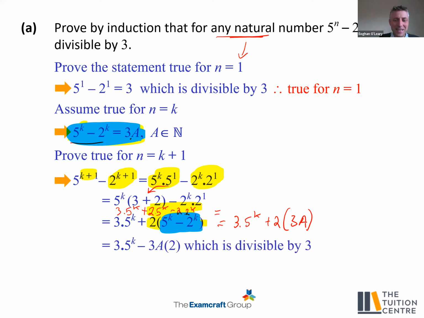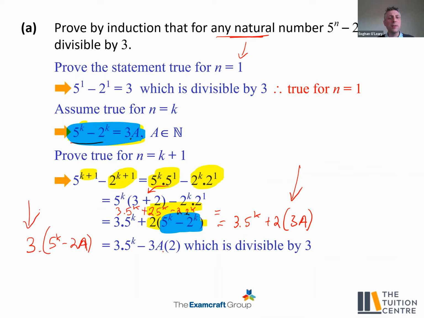Now, why is that going to be important? That's the same line here, just written slightly differently. I have 3 times 5 to the power of k minus 3a times the 2, the same line as there, except written the other way around. And of course, all of that is divisible by 3. In fact, I could factorize out the 3 and I get 3 times 5 to the power of k minus 2a, where a is some natural number.